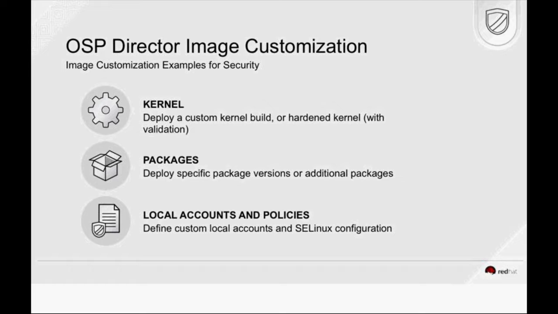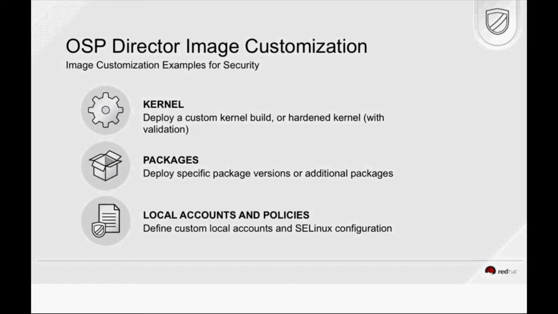Second, we often see specific packages required by an organization, whether that be different versions of packages or additional packages, like for different security tools and SDN tools and SDN packages. Those are things that can be included and changed in images, and then local accounts and policies.